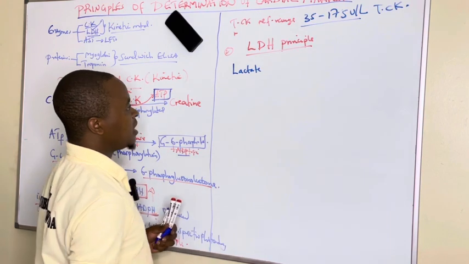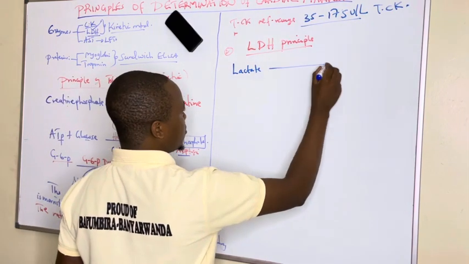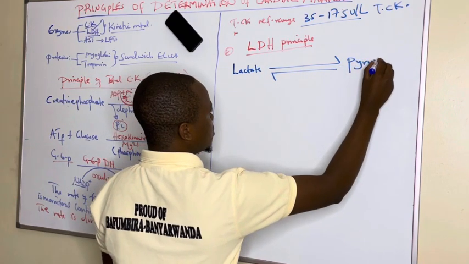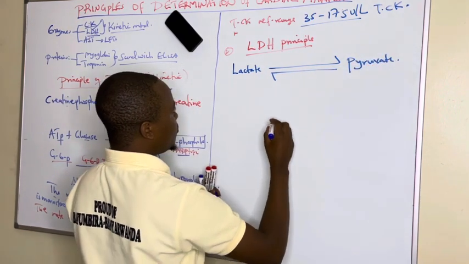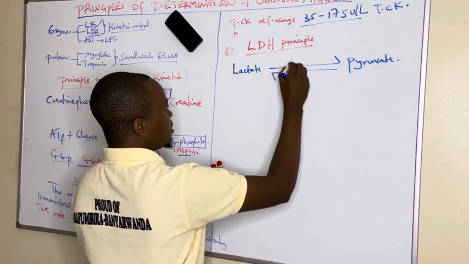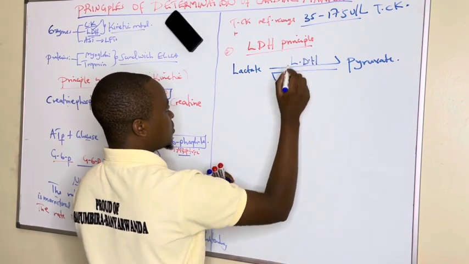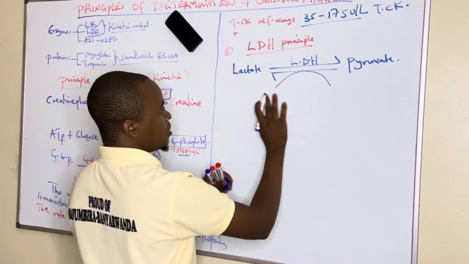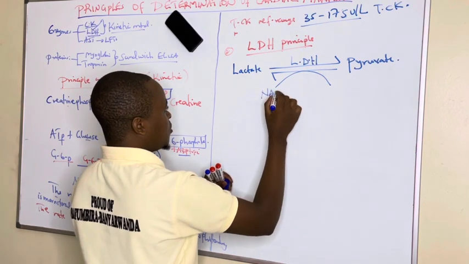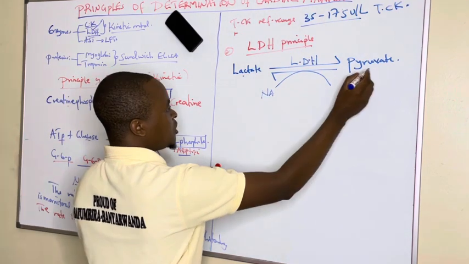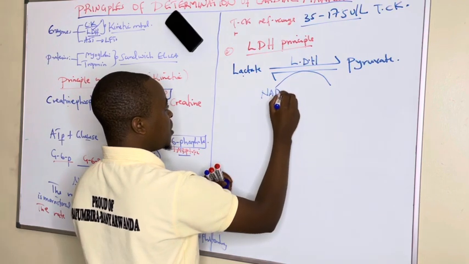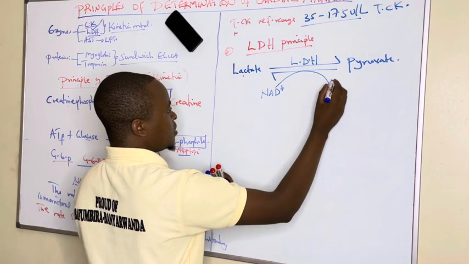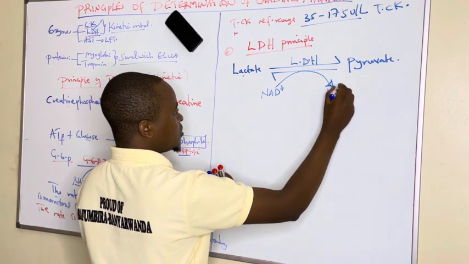whereby we have the reagent lactate, and we can easily convert it to pyruvate. This conversion requires the enzyme lactate dehydrogenase, whereby NAD plus is reduced to NADH.